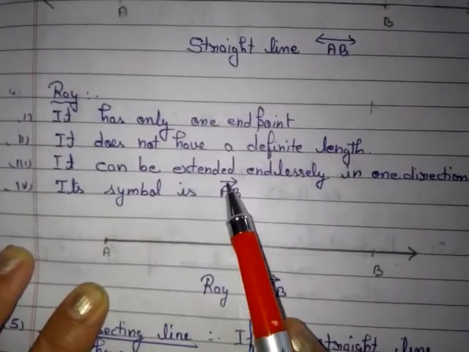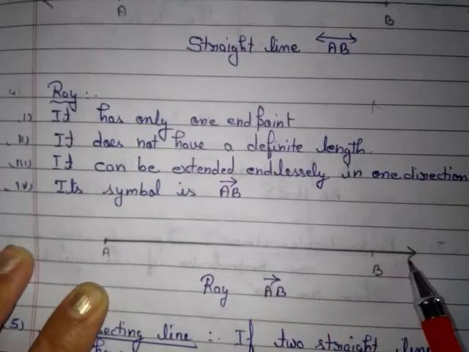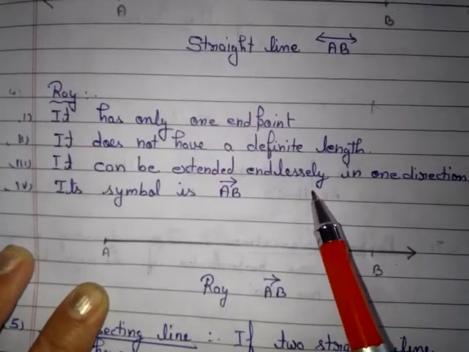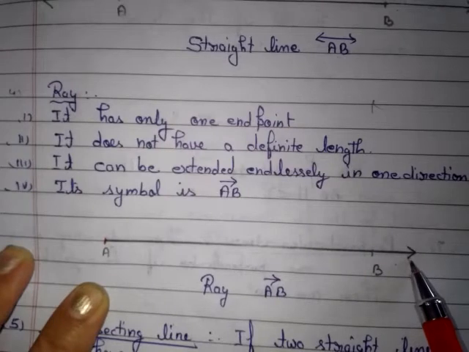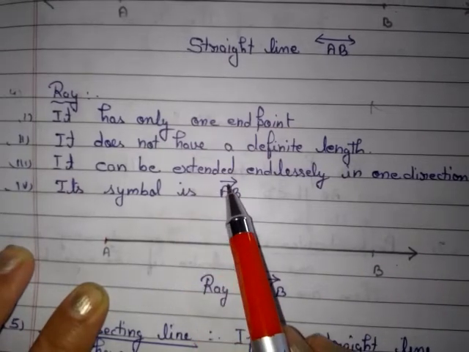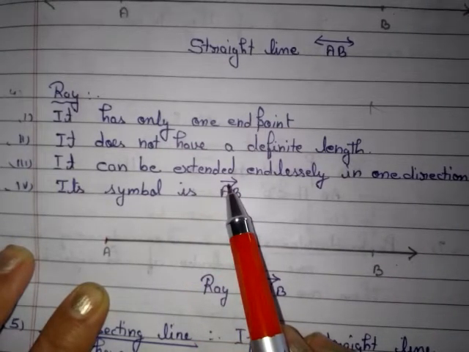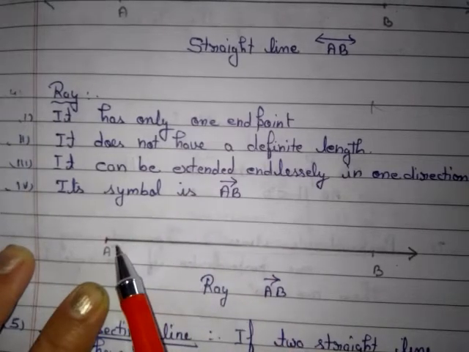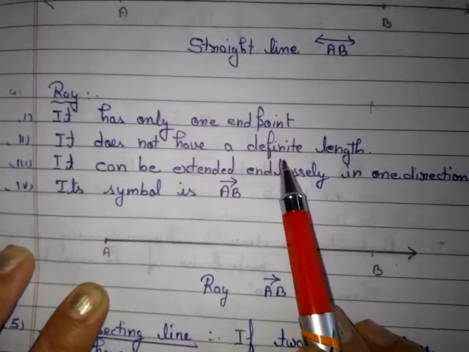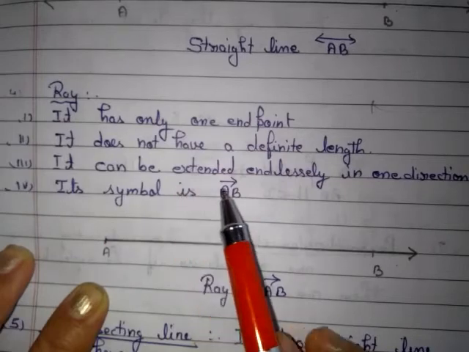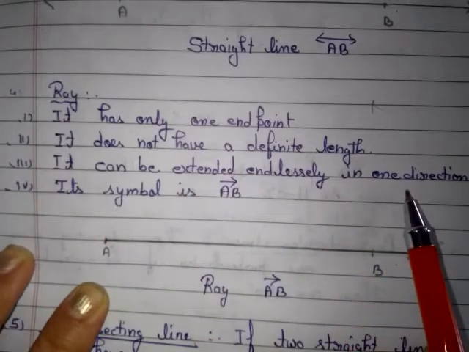It can be extended endlessly in one direction, and this is the symbol of a ray. So children, what is a ray? It has only one endpoint, it does not have a definite length and it can be extended endlessly in one direction.